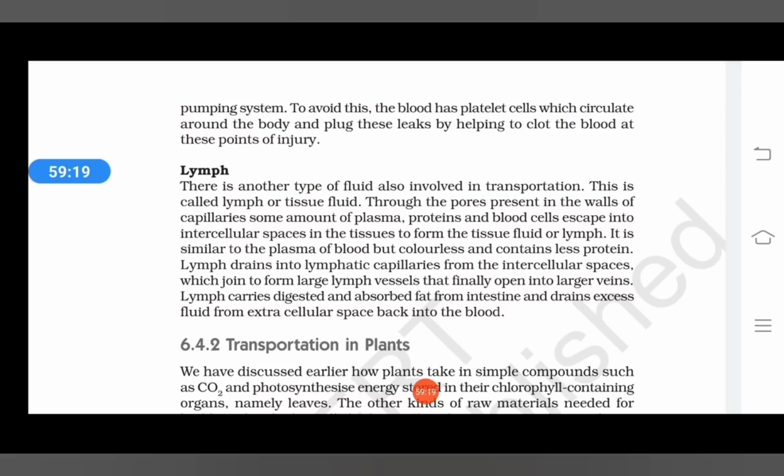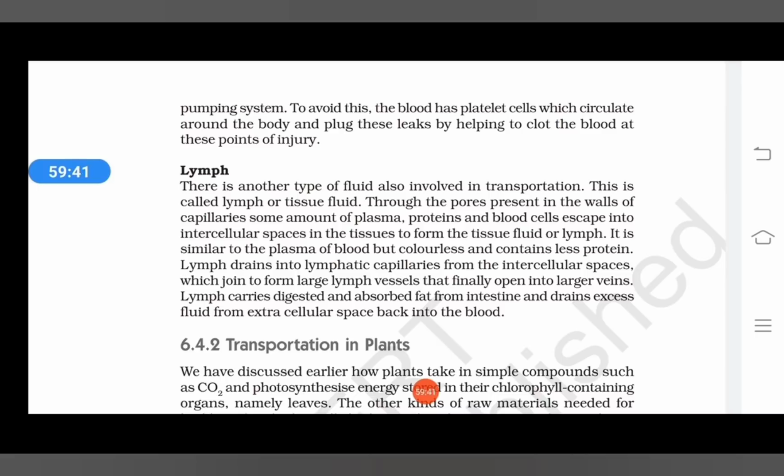So the blood platelets play an important role in clotting of blood. Whenever there is a leakage of blood by an injury, the platelets form a clot and stop it.